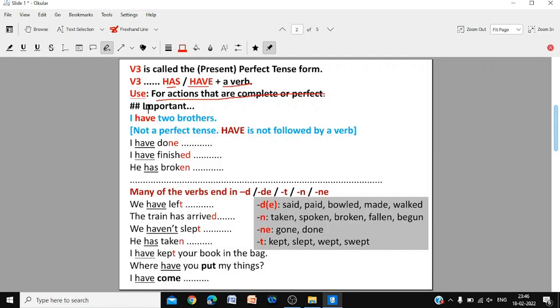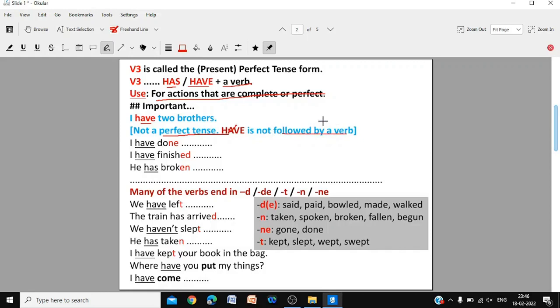Now, one important thing, has or have by itself will not make a perfect tense. I have two brothers. This is not a perfect tense. You need the verb has or have to be followed by another verb in V3 form.